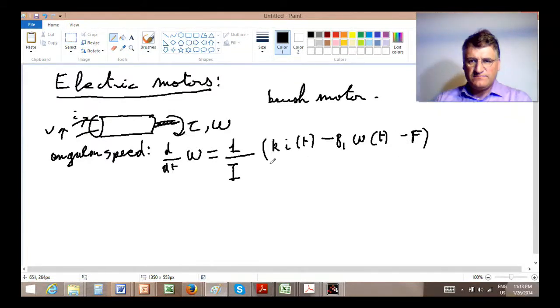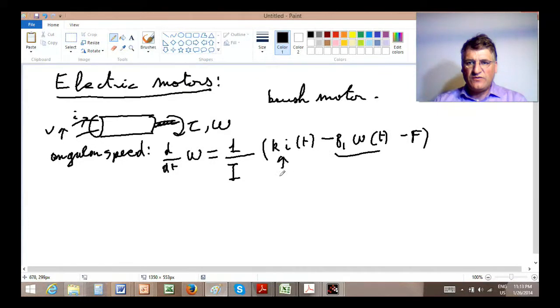What is this? Ki of t is just to say that the more there is an intensity, the more the motor wants to turn. So that's the input current.